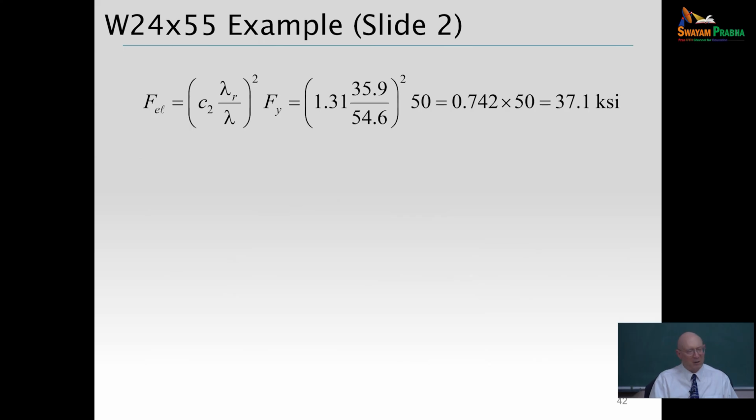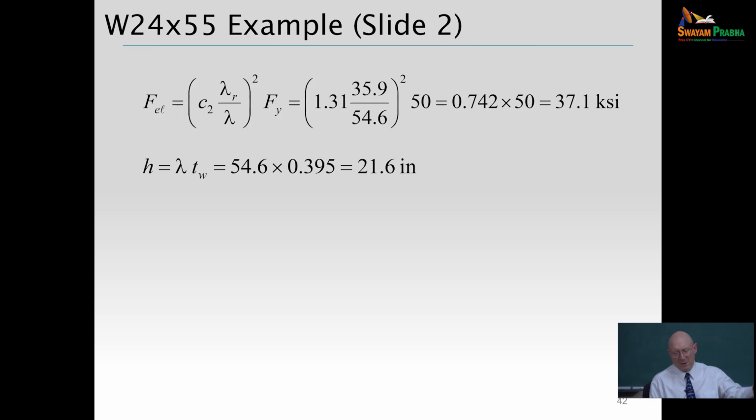All right, so now, since I need to deal with an effective width, in the AISC provisions, this is the equation that's provided for the flange local buckling stress. It's just a fancy way to write the theoretical elastic local buckling stress as a function of lambda over lambda r. So we got 37.1 for the theoretical elastic buckling stress. The h is lambda times tw.